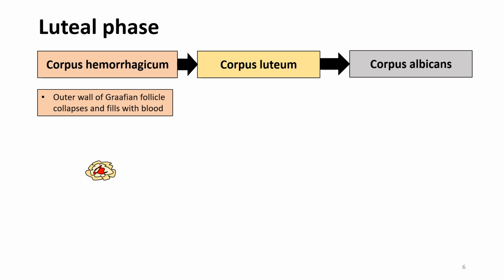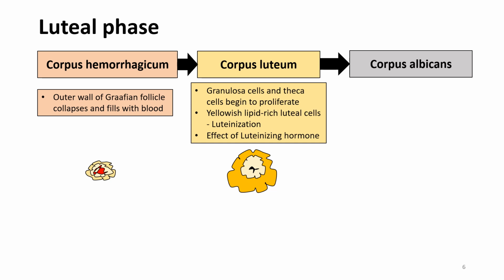After ovulation, the outer wall of the Graafian follicle collapses and fills with blood. This forms the corpus hemorrhagicum, and the granulosa cells and theca cells begin to proliferate, and the clotted blood is replaced by yellowish lipid-rich luteal cells, referred to as luteinization. And this is the effect of the luteinizing hormone, this LH hormone.